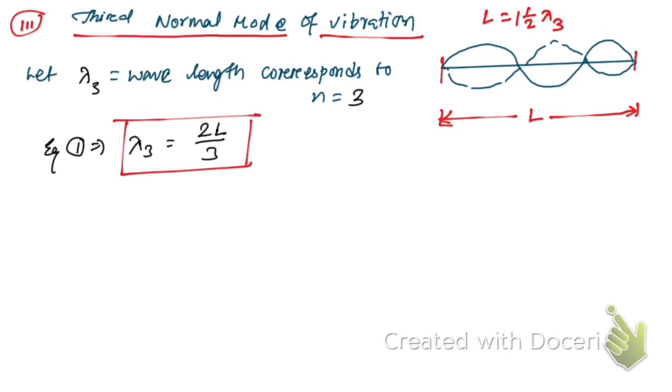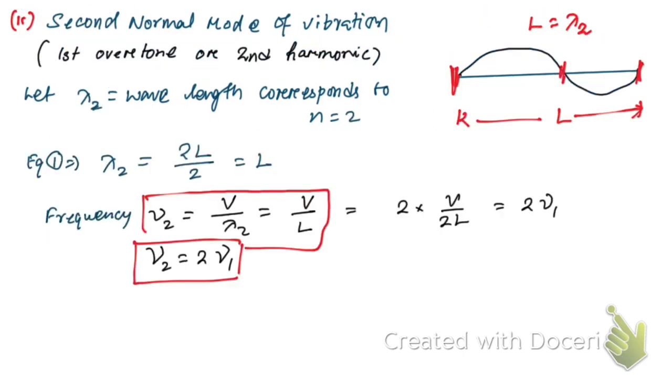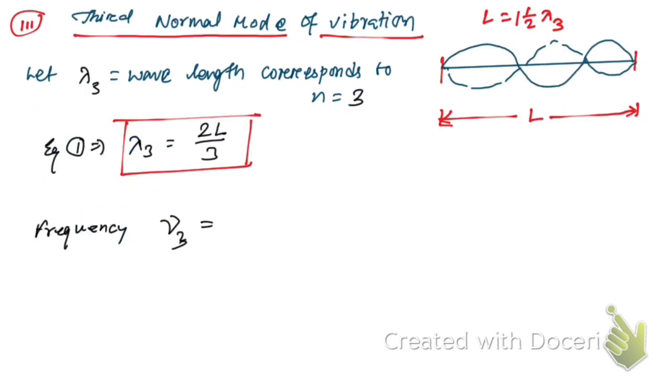In that case, frequency nu 3 is equal to, as we did last time for nu 2, nu 3 is equal to v by lambda 3, that's going to be equal to 3v by 2L. That's what we're going to have by using this value, right?